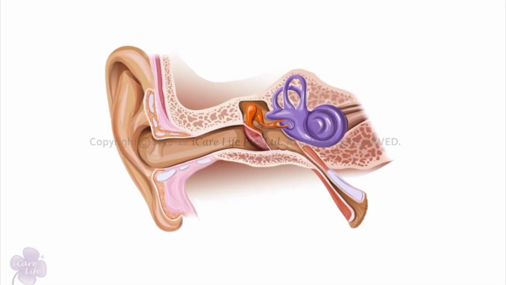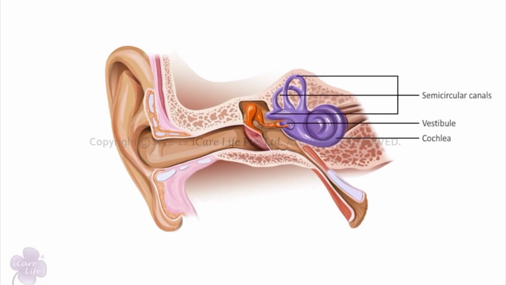The inner ear consists of a coiled structure called cochlea, the vestibule, and three semicircular canals. The cochlea helps in hearing, while the vestibule and the semicircular canals help in maintaining the balance of the body.